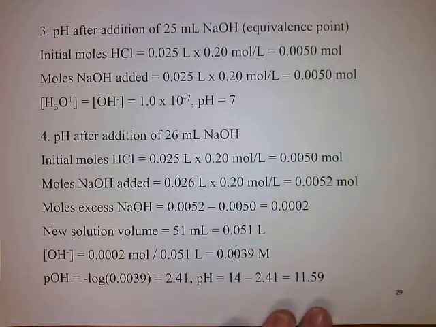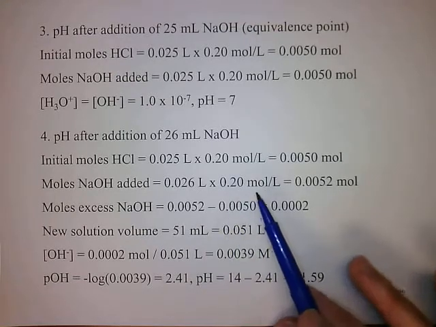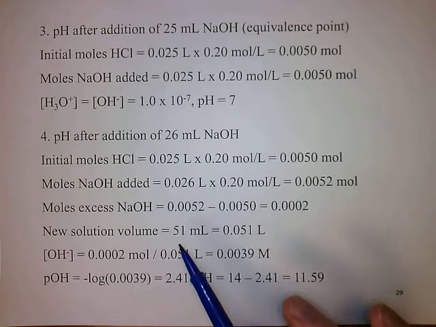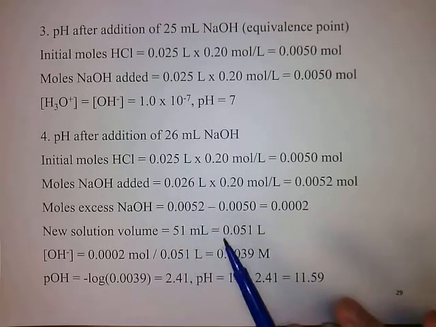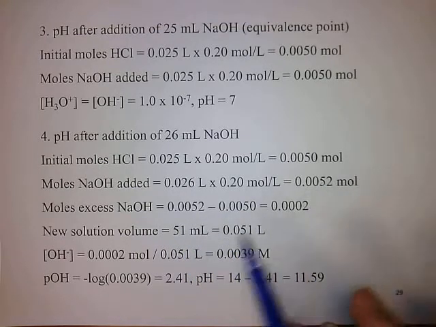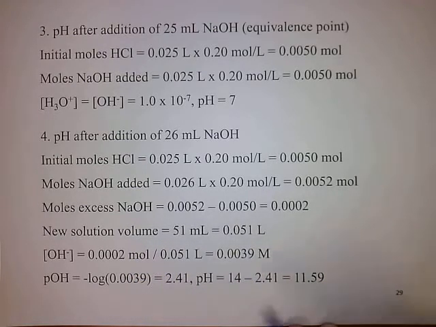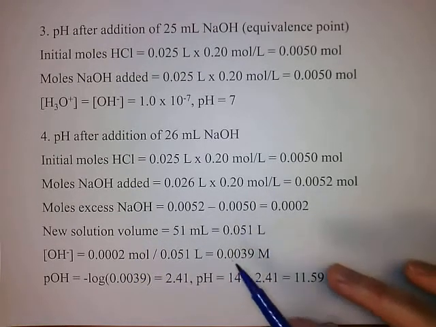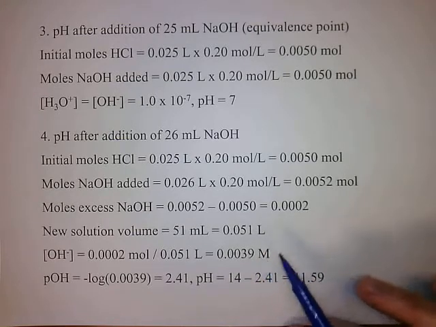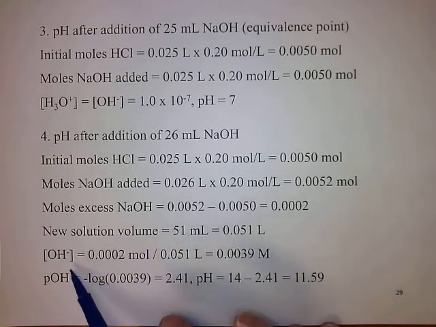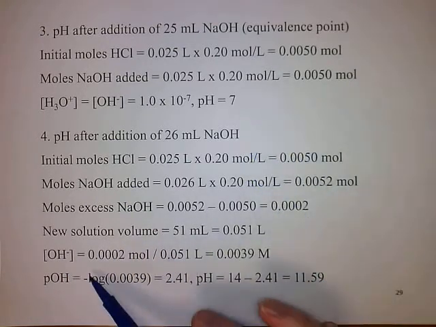So what's the volume? We started with 25 mL. We've added 26 mL. So the volume is now 51 mL, or 0.051 liters. So we divide moles by liters to get the concentration, and you get 0.0039 molar. Now take the negative log of that. Just keep in mind that it represents hydroxide, because we've gone past the equivalence point.